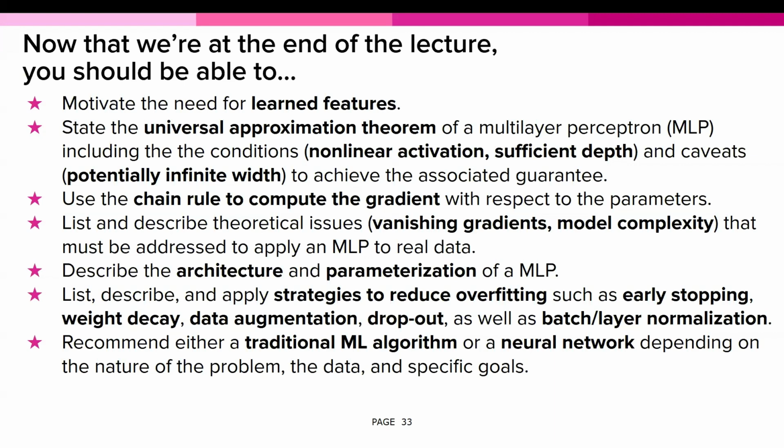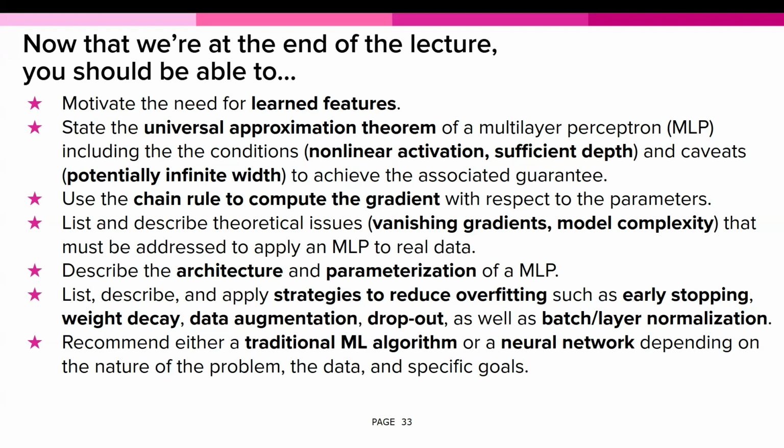We also talked about the universal approximation theorem of a multi-layer perceptron, specifically that given a network with a single layer of hidden units that have a nonlinear activation function, then we can approximate any continuous function on a closed and bounded subset of our original domain, given that we have enough units in that hidden layer.